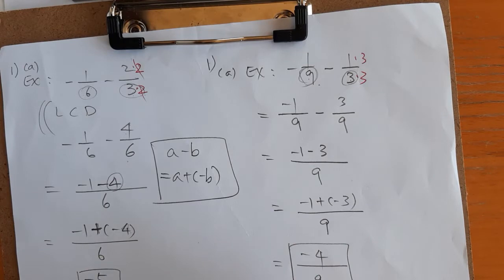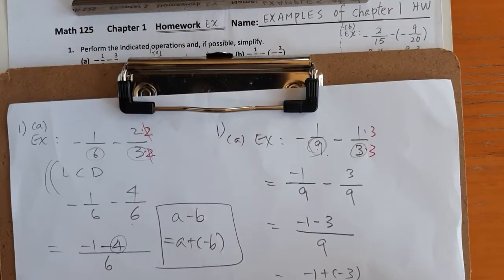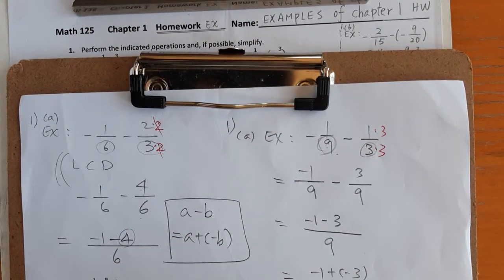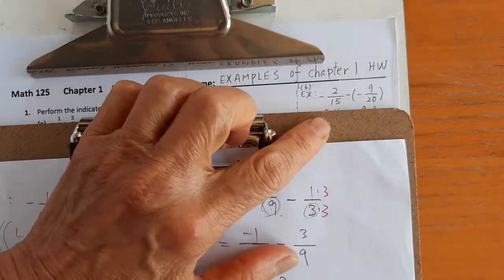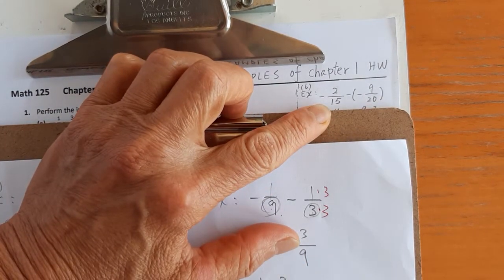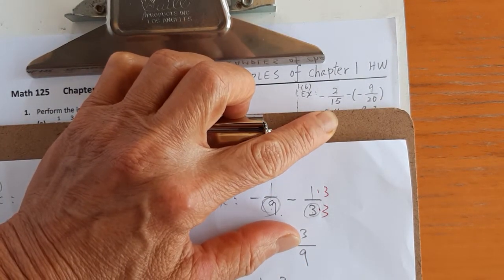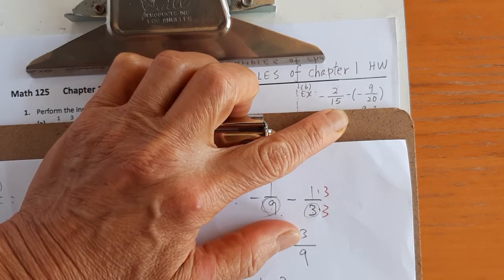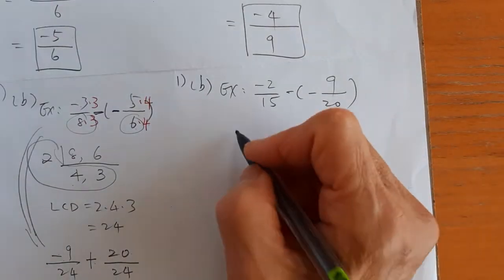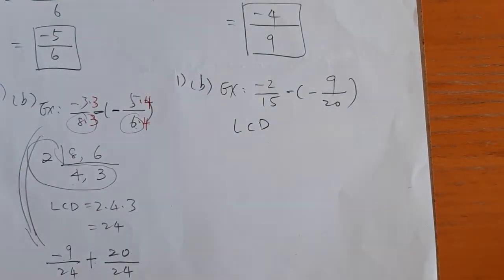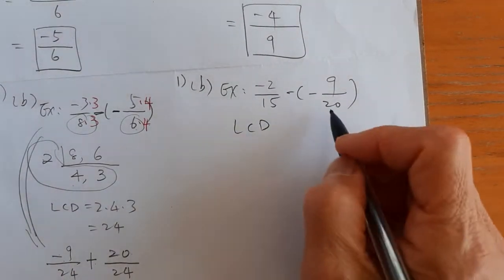Another example, 1B example. Here, this one, negative 2 over 15 minus negative 9 over 20. Find the LCD of 15 and 20.